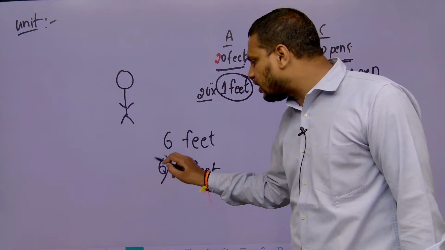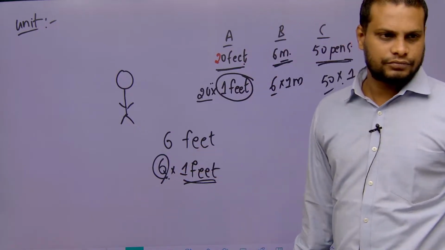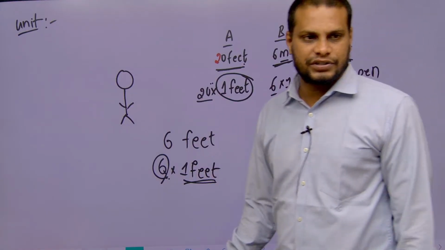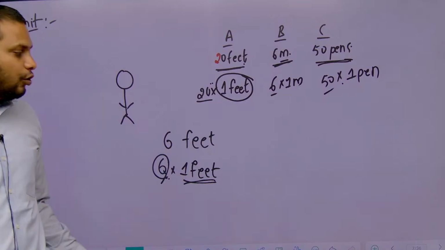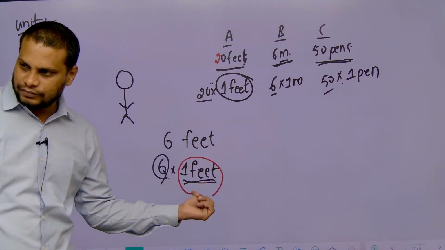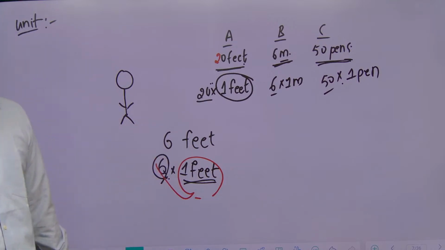ఇప్పుడు దీంట్లో 6 అనేది ఏంటి? నంబర్. 1 feet అనేది ఏంటి? యూనిట్. ఈ 1 unitని ఎన్ని టైమ్స్ రిపీట్ చేశాడమ్మా? 6 times రిపీట్ చేశాడు. So then what do you mean by unit? Means it is the smallest entity that can be repeated to get a physical quantity. Are you clear? Will you write in a short form?